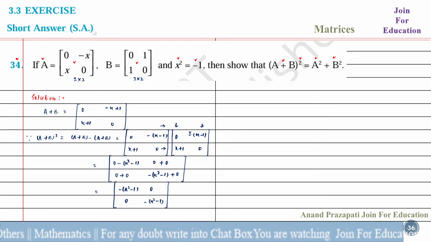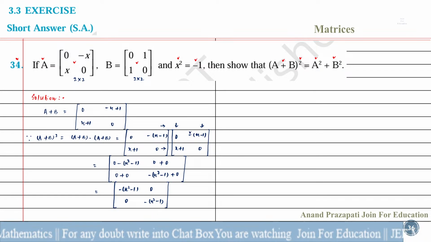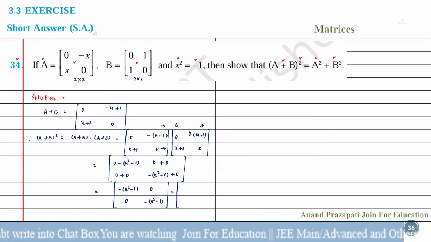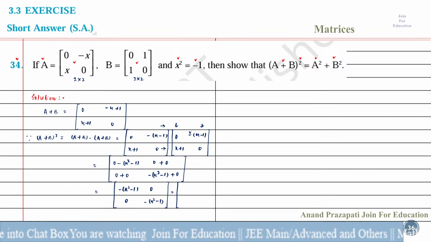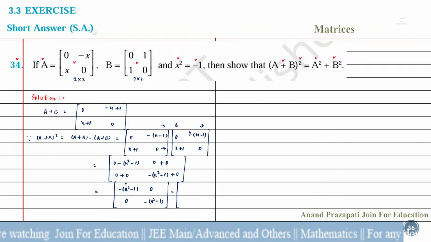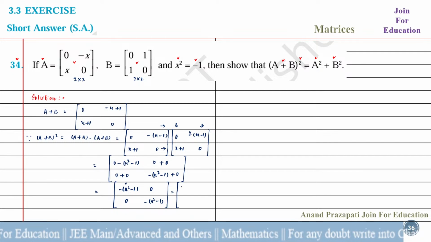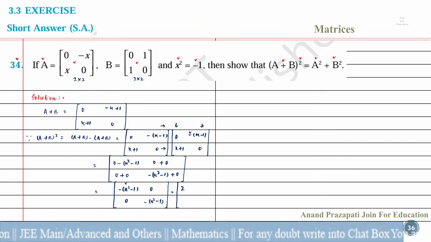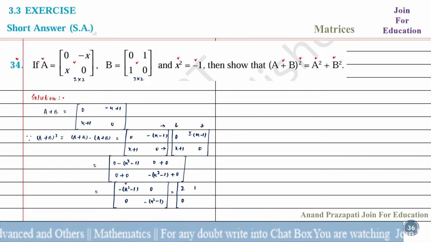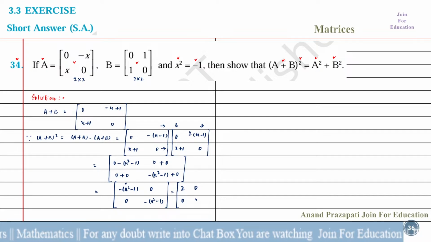From the question it is clear that x square equal to minus 1. When we put the value of x square equal to minus 1, then here we get minus 1 equal to minus 2 into minus equal to, we write down here 2, and this is the 0. Here will be 0 and here also will be 2.